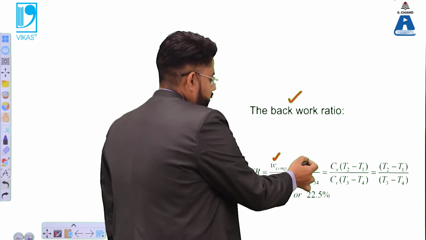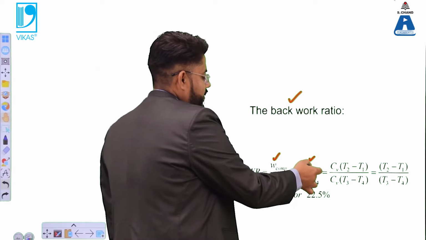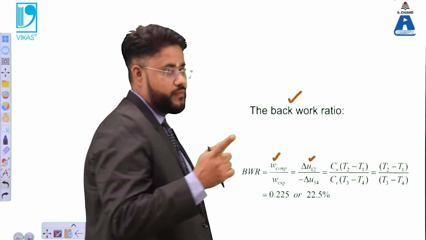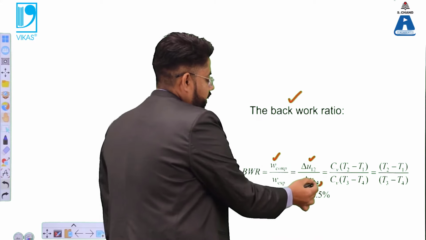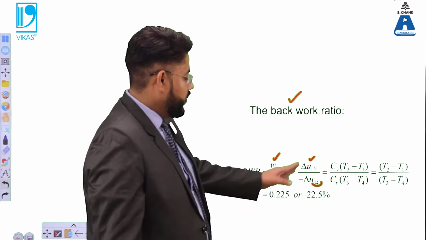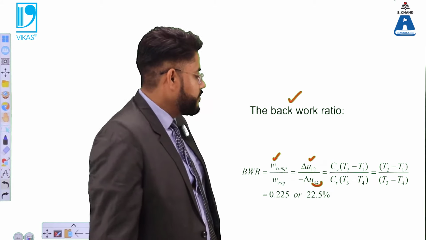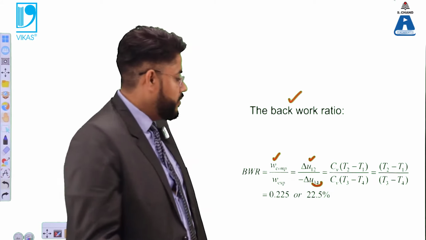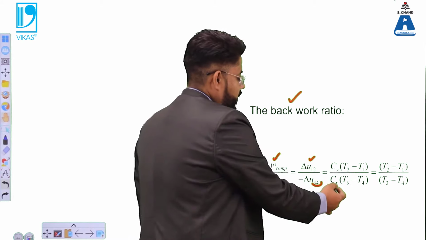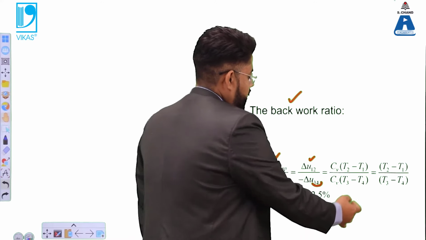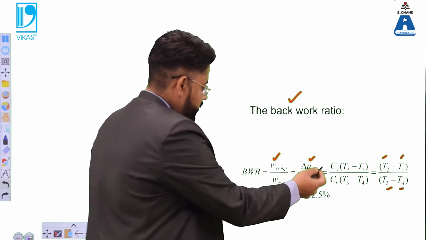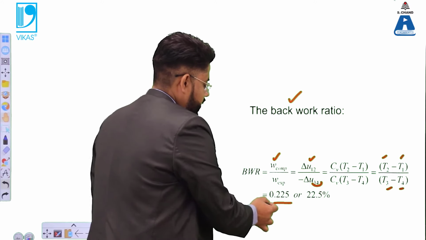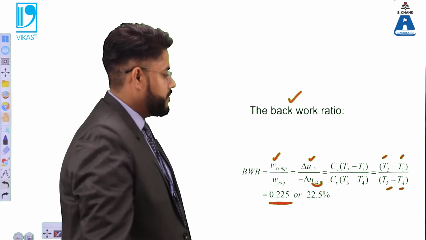So during compression the process is 1 to 2, and for expansion the process is 3 to 4. So from there you can put in the formula like mC delta T's formula. So CV T2 minus T1 and CV T3 minus T4 values. You have the value of all these temperature conditions. On substituting the temperature conditions, you will get this back work ratio part.